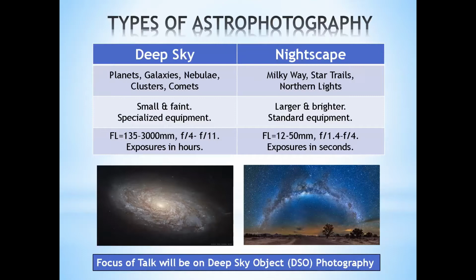Whereas deep sky astrophotography is of very small, faint objects like planets, galaxies, nebulae, clusters, and comets. You require specialized equipment for deep sky astrophotography and long lenses and exposures in hours compared to exposures in seconds with nightscape photography.